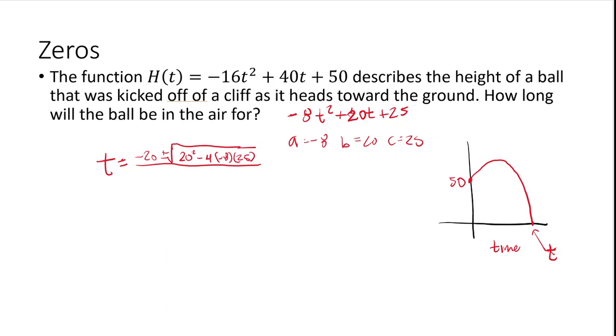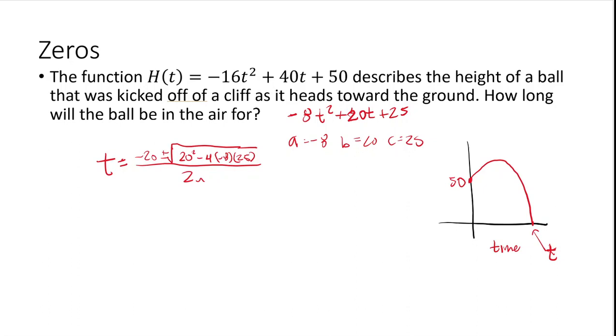and that is all over 2a. Okay, now, you can think about this because we know, first of all, if we have a negative times a negative in our 4ac term under the discriminant, we're going to add that to 20 squared, which is 400. So we'll have a square root of a positive number. So in the numerator, we'll have negative 20 plus a positive number or negative 20 minus a positive number.